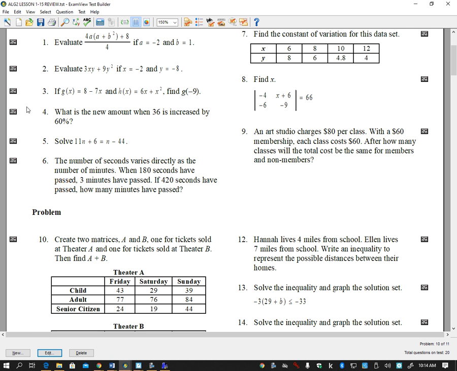When you're talking about increasing something, you can do this in one short step. You can do this by taking 36 times 1.6, and you'll get it. Why 1.6? Because 1 represents 100%, and 0.6 represents the 60%.